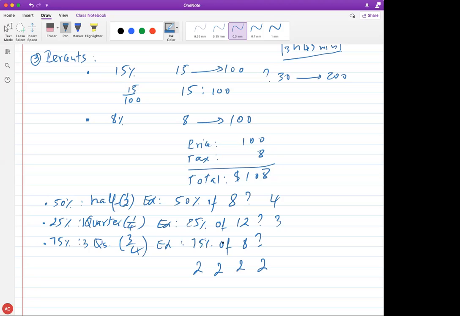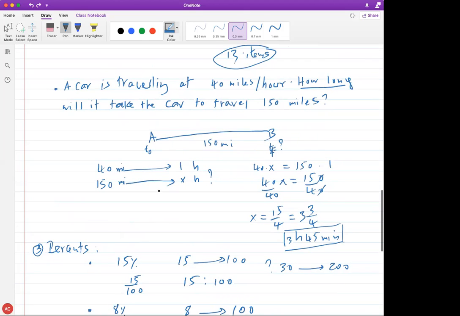What would 75% of 8 be? Anybody want to try? 6. That's right, because we take 1, 2, and 3 quarters, 3/4 here, that's 6. Again, these are the easy ones. You should be able to do these right away without having to pull out a calculator or do equations.